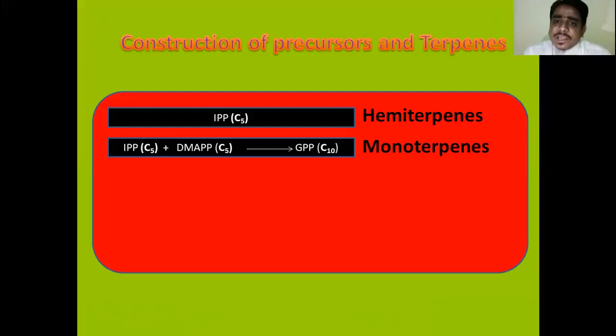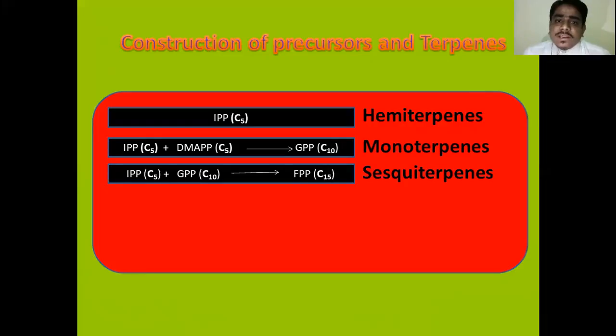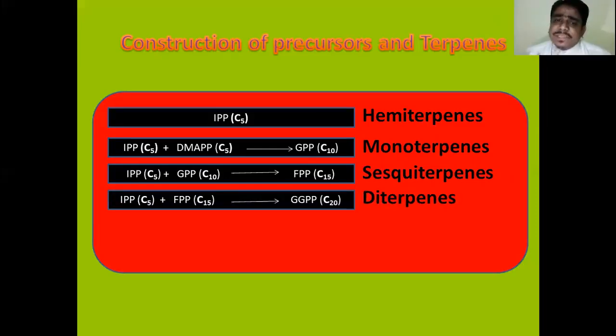Then GPP is a precursor for the monoterpenes, containing 10 carbon atoms, and this GPP is formed by the combination of IPP and DMAPP. Then FPP contains 15 carbon atoms. FPP is a precursor for the sesquiterpenes, and FPP is formed by the combination of IPP and GPP. GGPP, geranylgeranyl pyrophosphate, contains 20 carbon atoms and it is a precursor for the diterpenes. GGPP is formed by the combination of IPP and FPP.